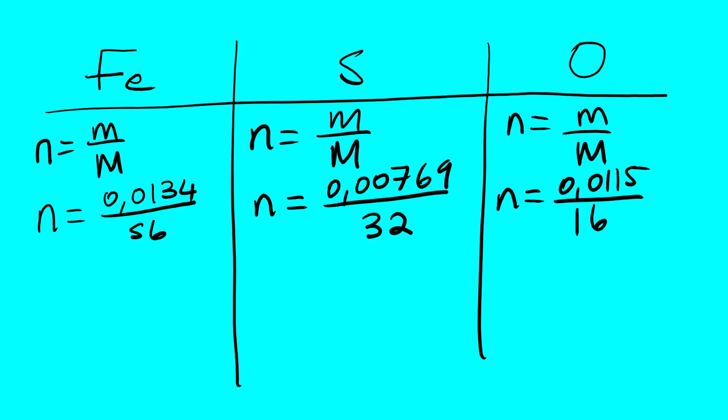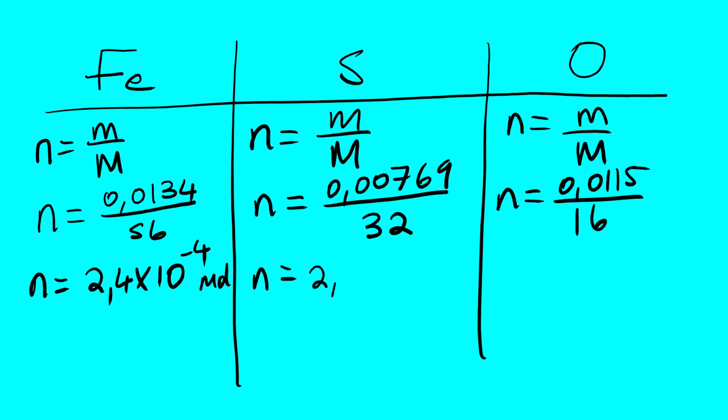0.0134 divided by 56. The answer should give you 2.4 times 10 to the power negative 4 mole. Then for sulfur, we have 0.00769 divided by 32.